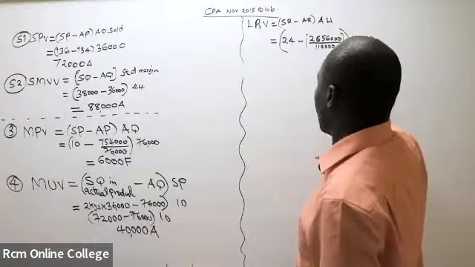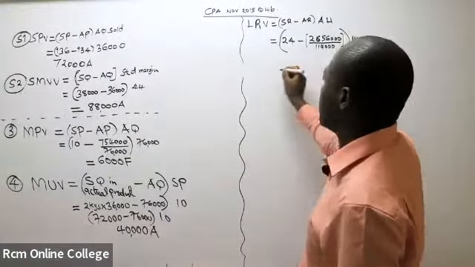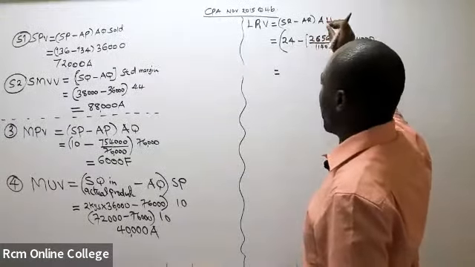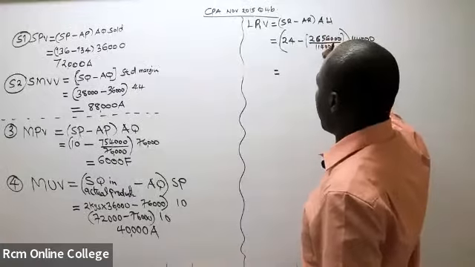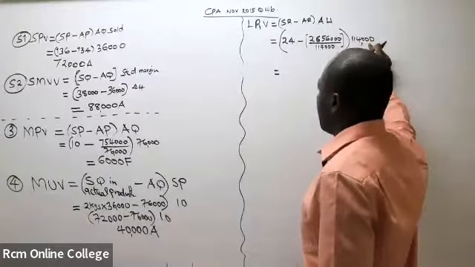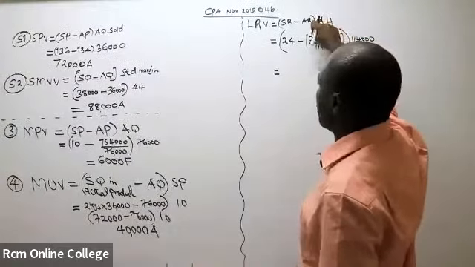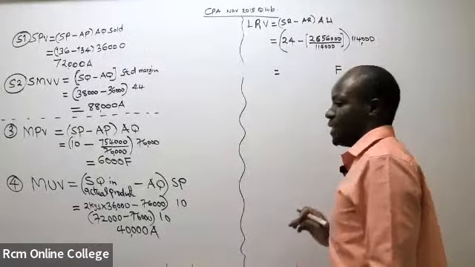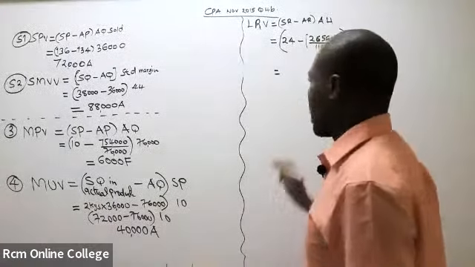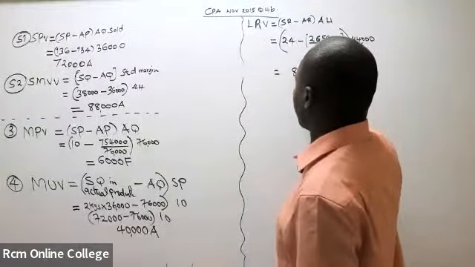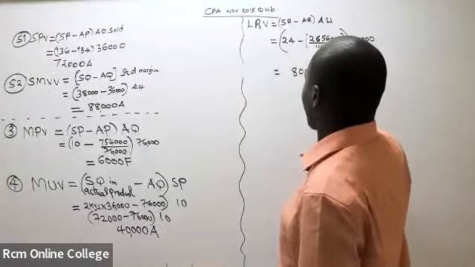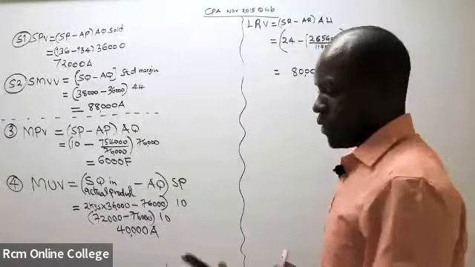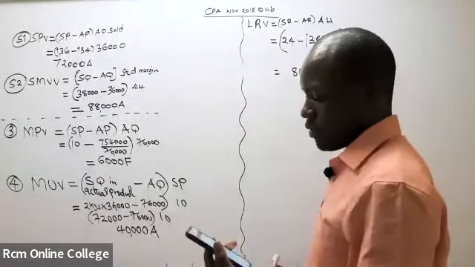So 24 minus this, this divided by this one here, multiply by the same thing to retain. Just take this times this one minus 2656. What do we get? 80,000 favorable. Good. Then we move to the next one.